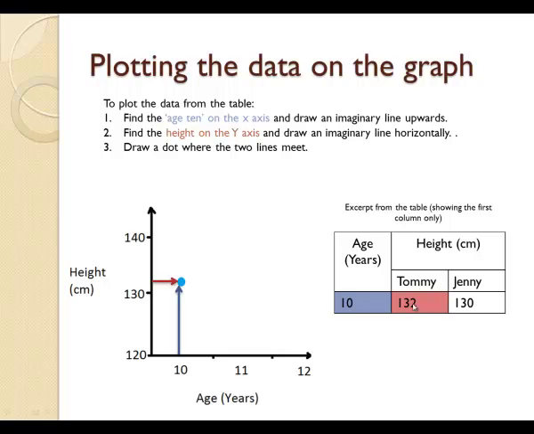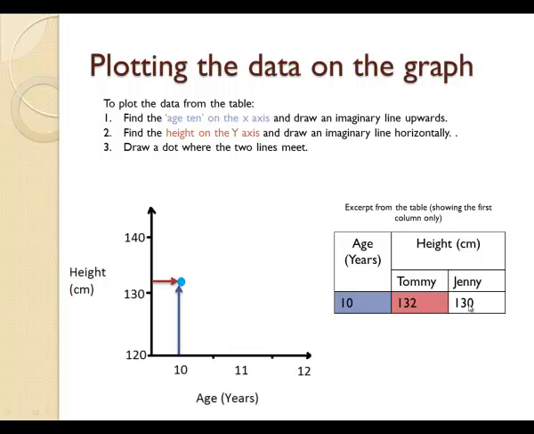So our height, we'll look at Tommy first, is 132 centimetres. So on our y-axis, we find 132 centimetres and again draw an imaginary line going horizontally. Where those two imaginary lines meet, we draw a simple dot, and that is our first data point.